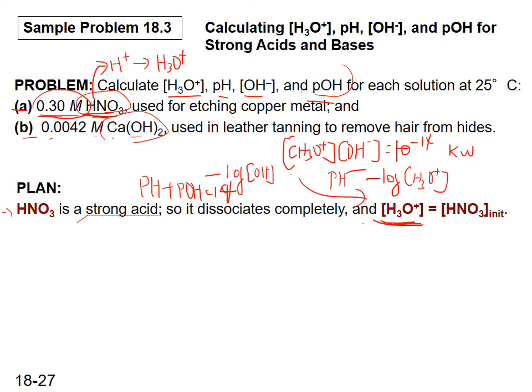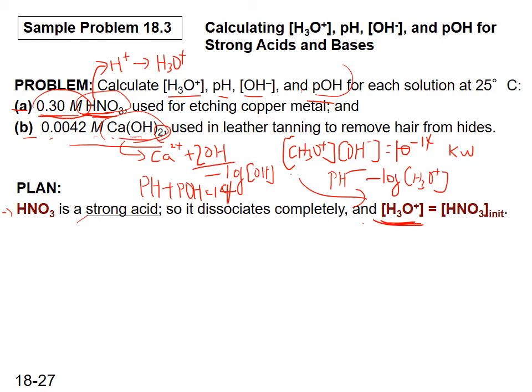So that's for A. Now for B, again, it's a strong base. Strong base means they all dissociate into calcium ion and hydroxide ion. Note that you have two hydroxide ions here. So whenever you have one mole of calcium hydroxide, you form 2 moles of hydroxide, okay?